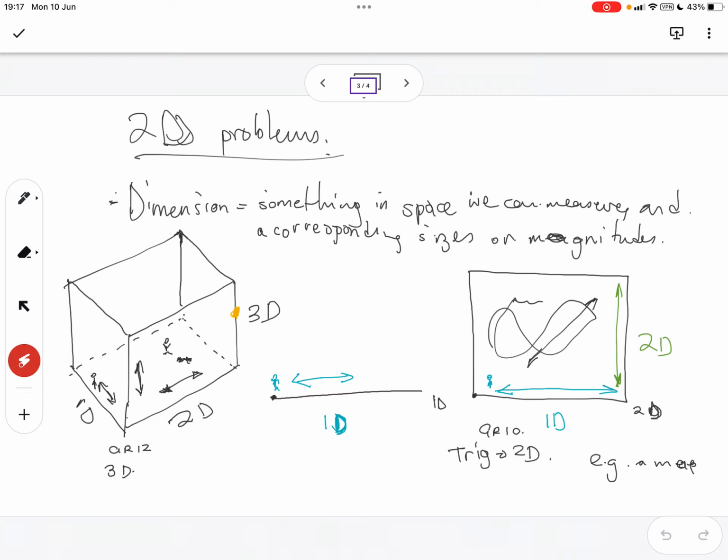Obviously that person's not going to be able to move, but should you extend a line from that dot into space somewhere and terminate it there, then that person will be able to move in one dimension, left to right, or up and down, depending on how this line is oriented.